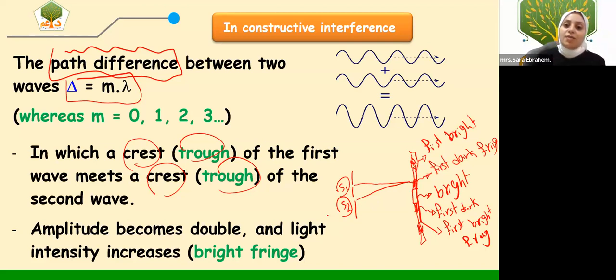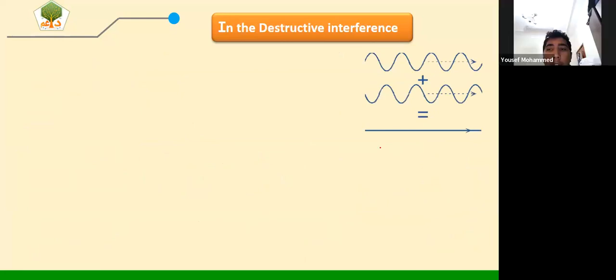In constructive interference, it is always crest meeting crest or trough meeting trough. That's always a path difference of a whole number of wavelengths.